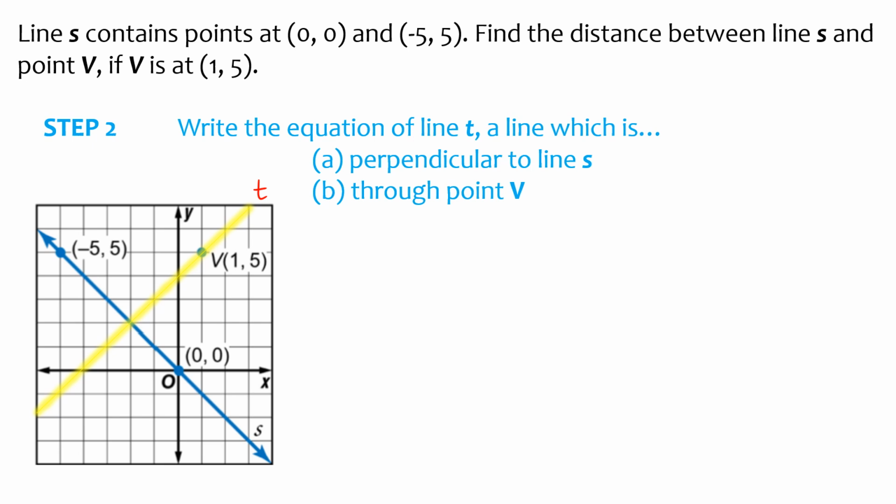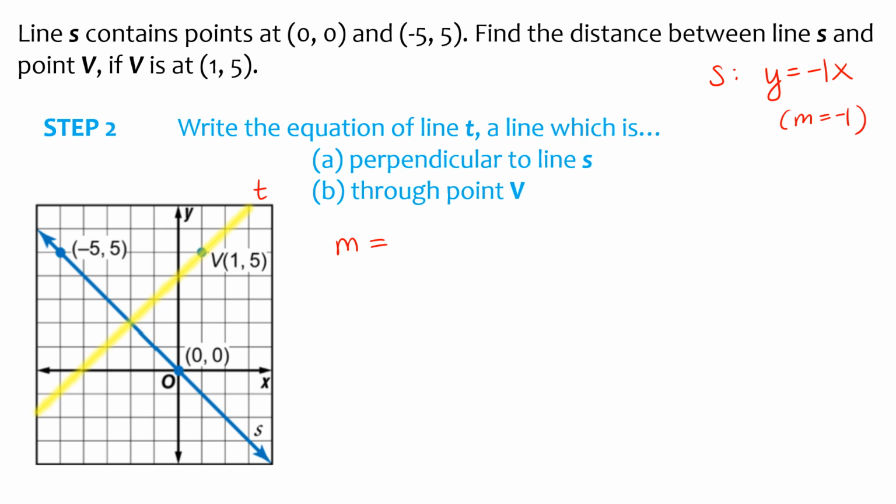So let's remember what the equation for S was. I'm going to write this up in the top right corner. Y equals, maybe I'll keep it as -1, -1x. I write the -1 just so we can remember the slope was -1. So if my equation of T is going to represent this perpendicular line, the new slope needs to be the opposite reciprocal of -1.